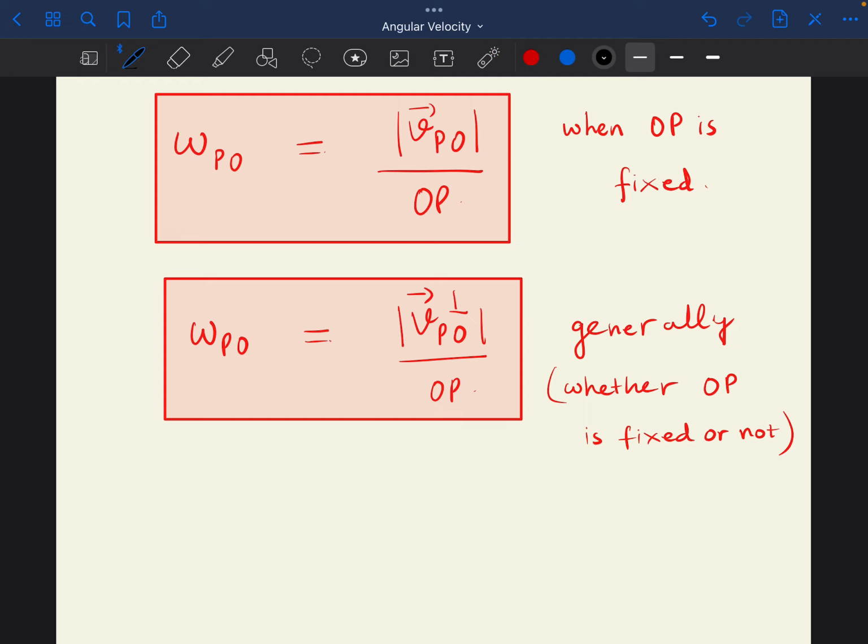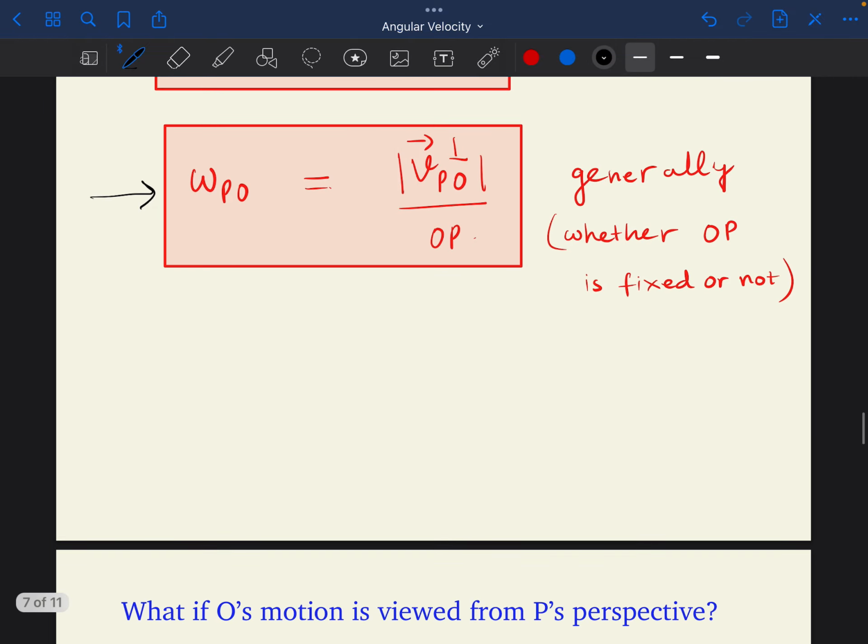In that case, we define the angular velocity. We can also define the angular velocity in general, but we will not focus on that general definition, the second definition. It does not matter to us currently, and we will focus on the simpler case where OP is fixed, because that is most relevant for rigid body motion.